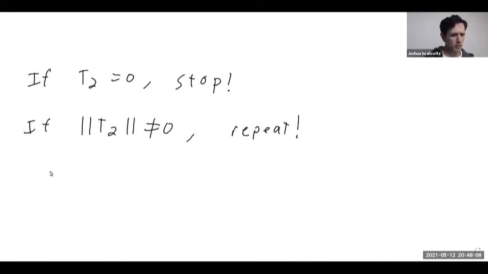So if this is true, then plus or minus the norm of T2, which I'll call lambda 2, is one of these, because T2 is compact self-adjoint. Well, I had it before, so I won't write it again.